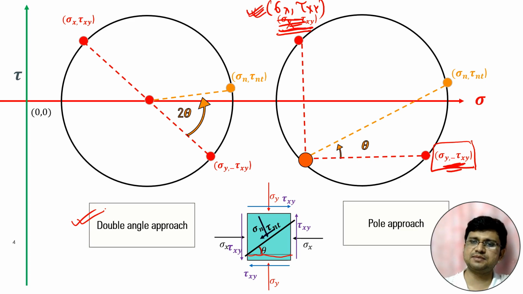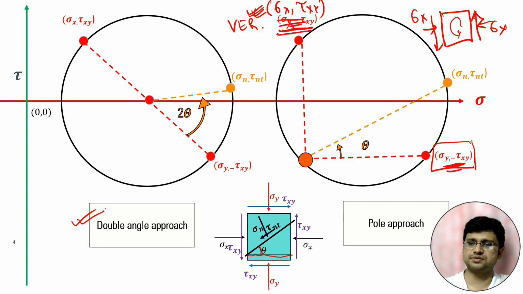So this is the stress sigma x, tau xy. This point is the stress corresponding to the vertical plane. This is positive tau xy because, as I have already mentioned, it is creating anti-clockwise movement, so it is positive.